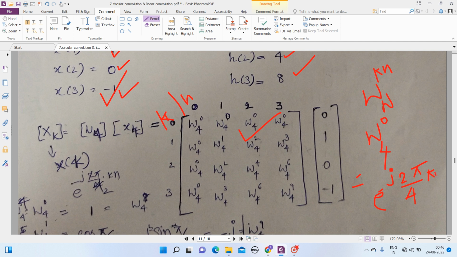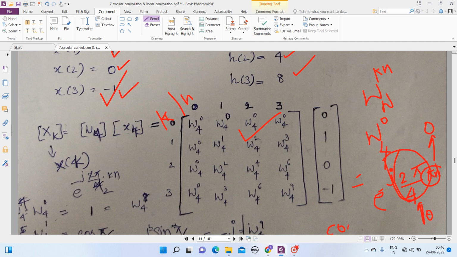Here the kn value is 0. So e to the power of j theta, how will you represent the exponential equation? You can take this as j, and this as theta.